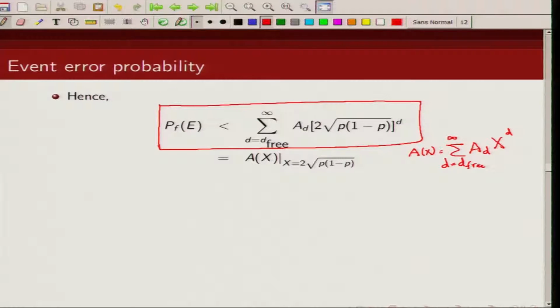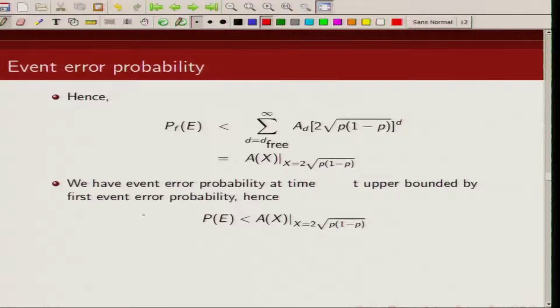So, we are making use of this weight enumerating function, and we look at the form of our first event error probability. So, looking at these two, we can write that first event error probability can be computed from the weight enumerating function by replacing the weight x by this quantity. So, this we obtain by comparing this equation with this equation. Okay.